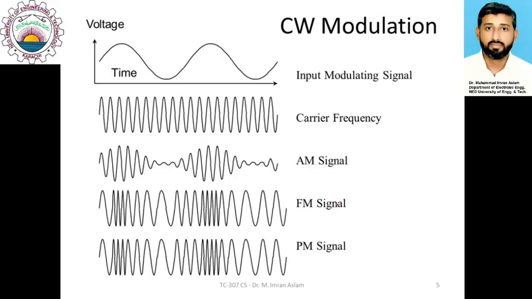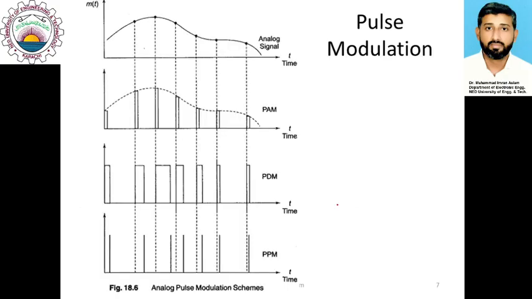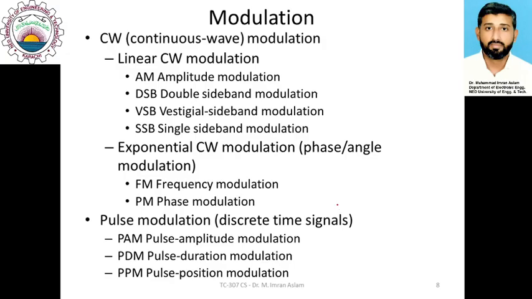This was an illustration of carrier continuous wave, CW, modulation, where we can exploit either amplitude or frequency or phase to represent the information, and this is the illustration of pulse modulation, where we can exploit either amplitude or duration or position of the pulses to represent the message signal.